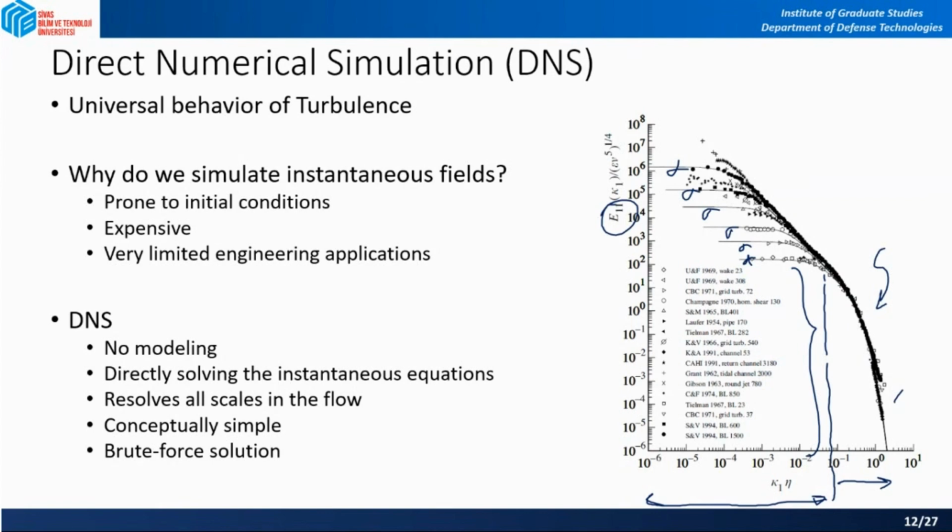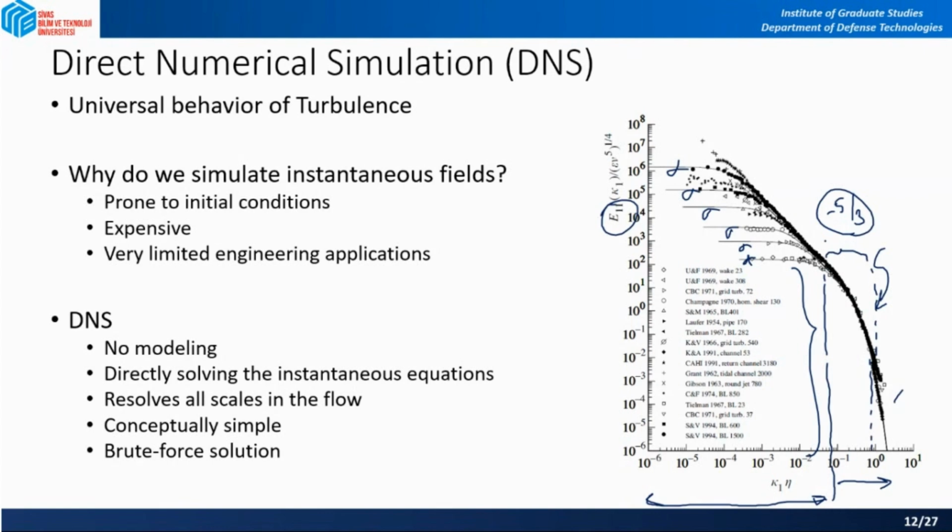You remember the inertial subrange is this range, and in the inertial subrange, Kolmogorov predicted that the energy decays with the wave number to the power of minus 5 over 3. So all of these show exactly the same behavior, regardless of where they came from.